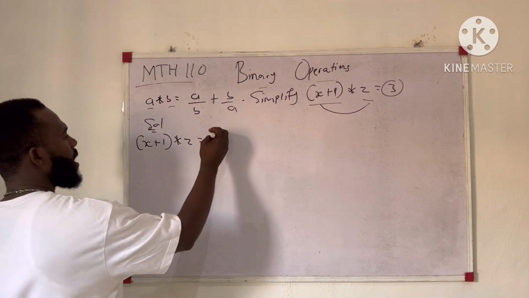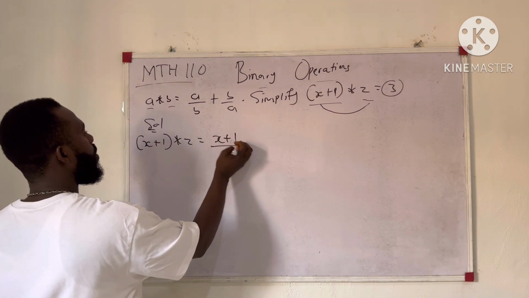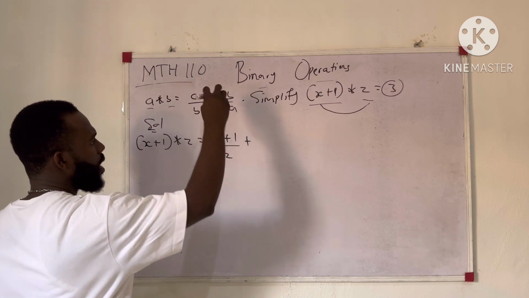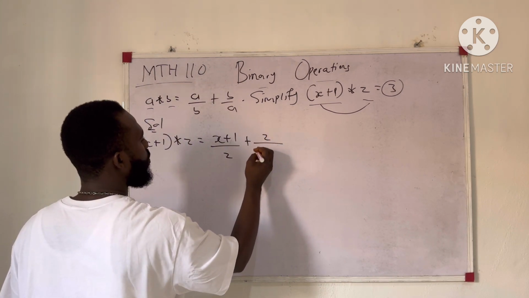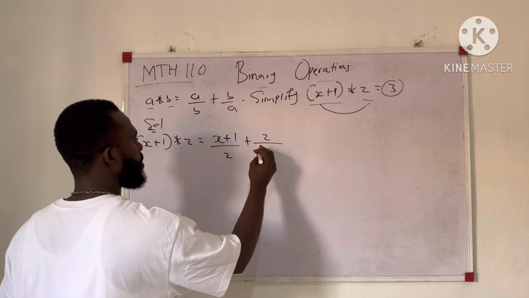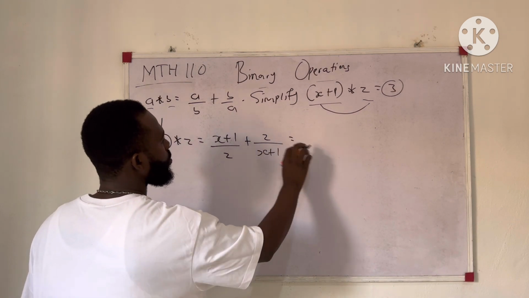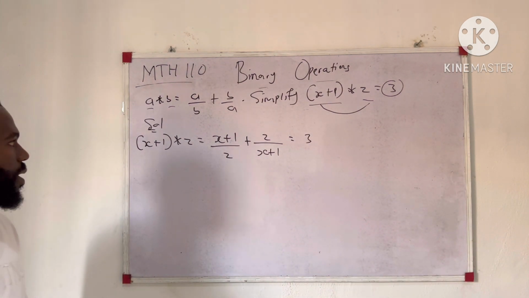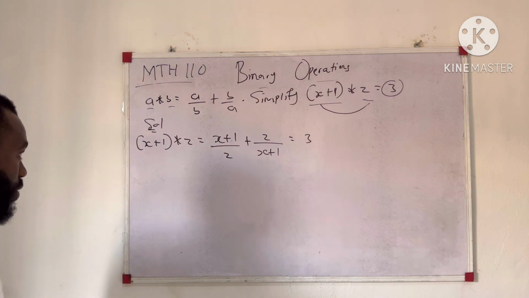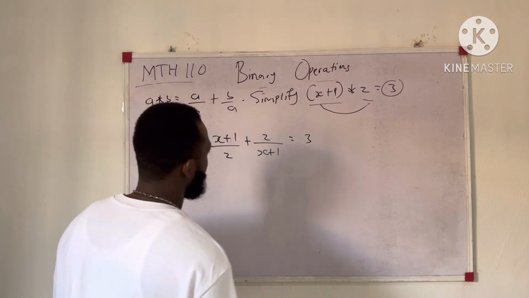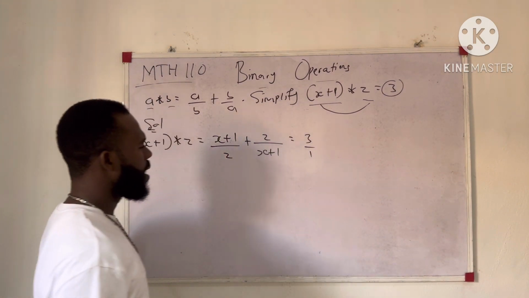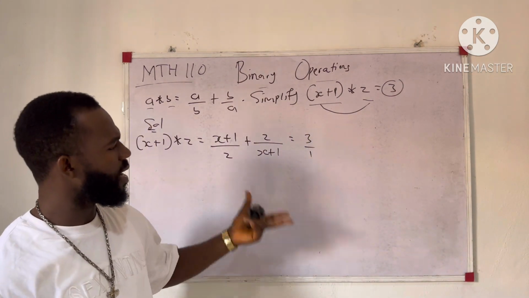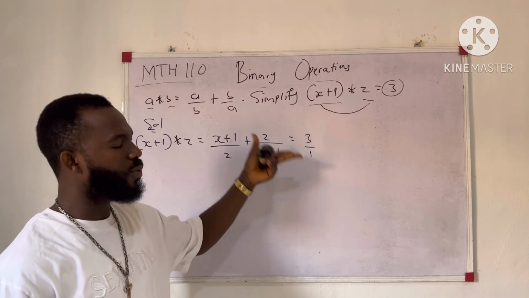So here it becomes x plus 1 over 2 plus 2 over x plus 1 equal to 3, because it said both are equal to 3. Now, what can we do? Without wasting time, let's put 3 over 1, and then let's look for the LCM of the denominators. The denominators are 2, x plus 1, and 1.